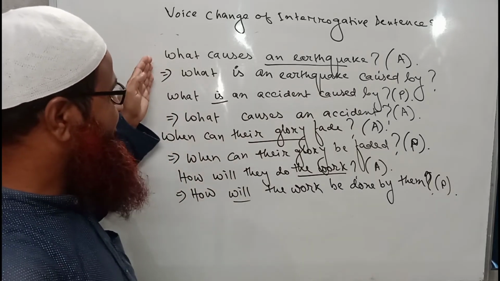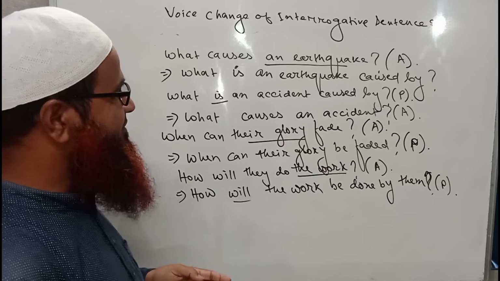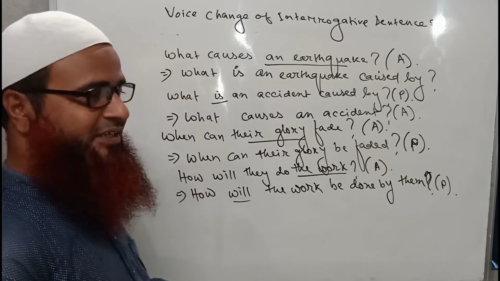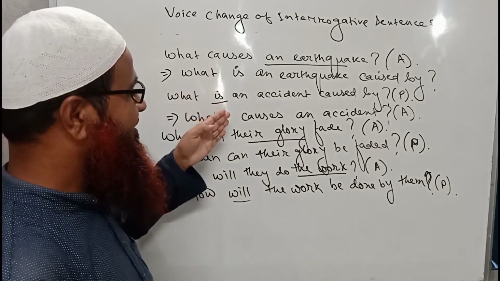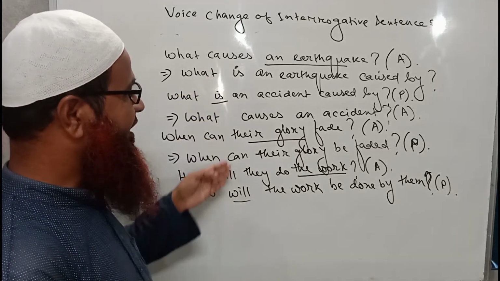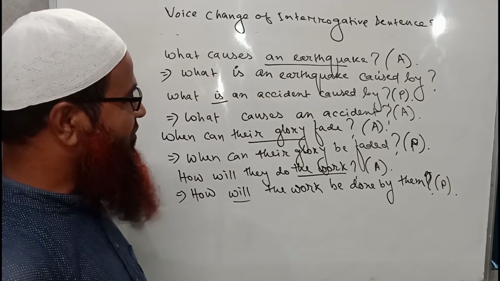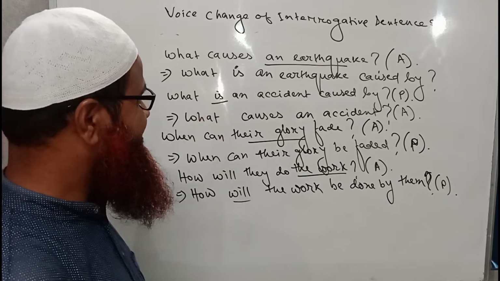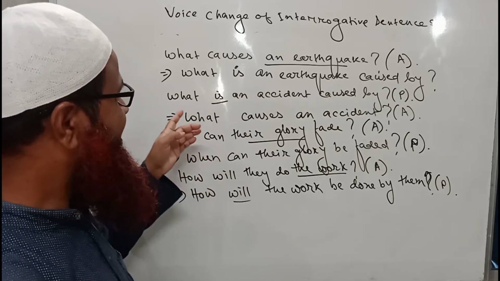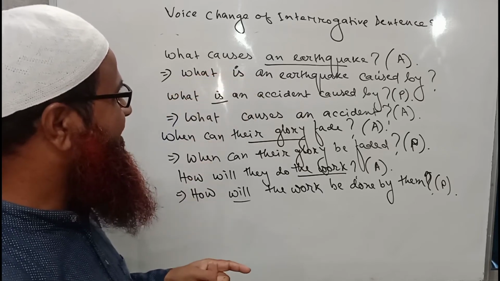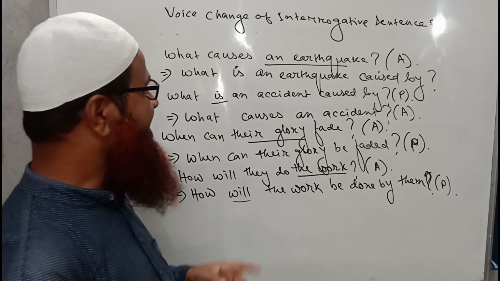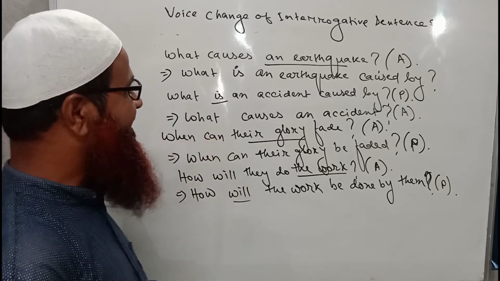So I have written some sentences here on the board, and I have already explained all the sentences. Yet I am repeating the sentences again for your better understanding or for your convenience. Okay. Here I am reading the sentences. You can listen to them very attentively. What causes an earthquake?